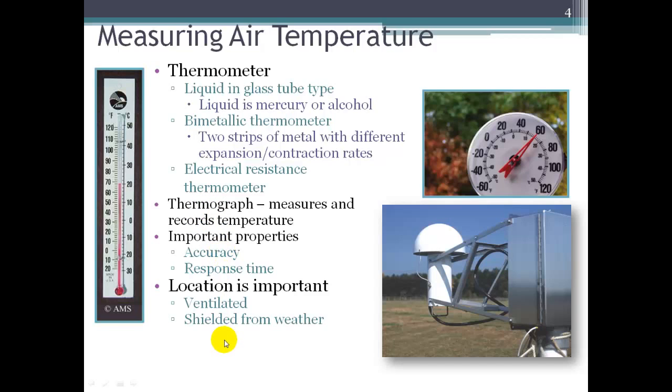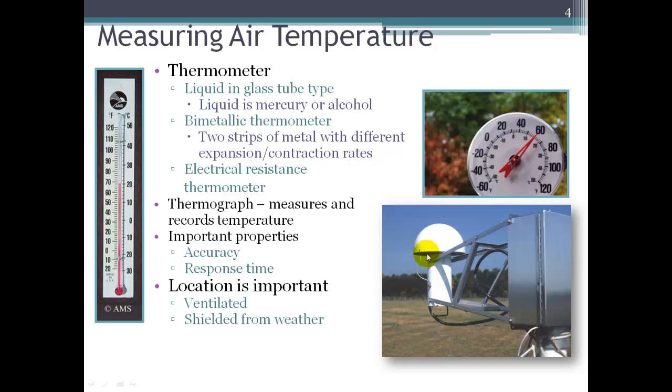Whatever the method of observing temperature, you want to be aware of the accuracy of the device and its response time. How quickly does it respond to changes in temperature? For outdoor locations, it's important to make sure the device is properly located. It has to be far from a forest or vegetation. It has to be over a natural material, not over blacktop or some other man-made surface.